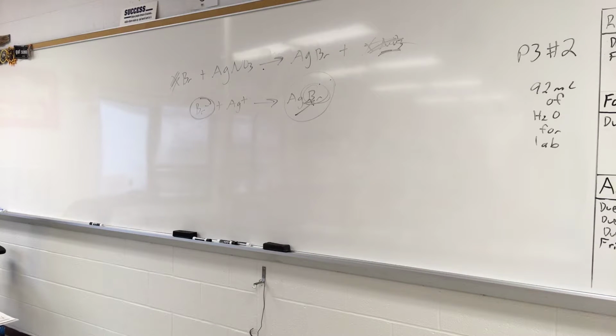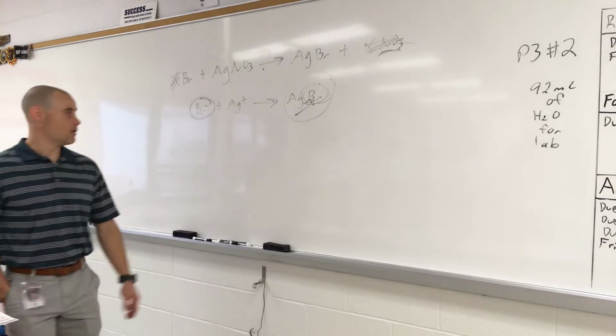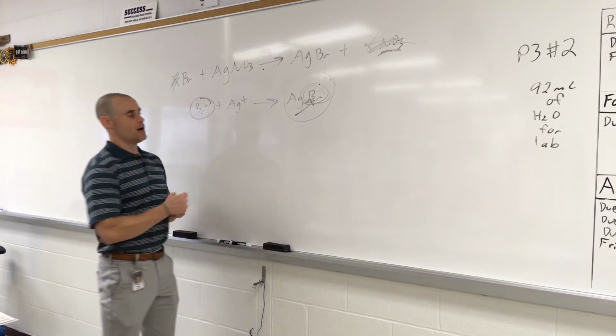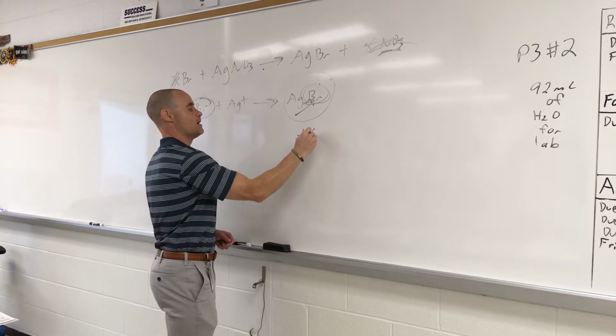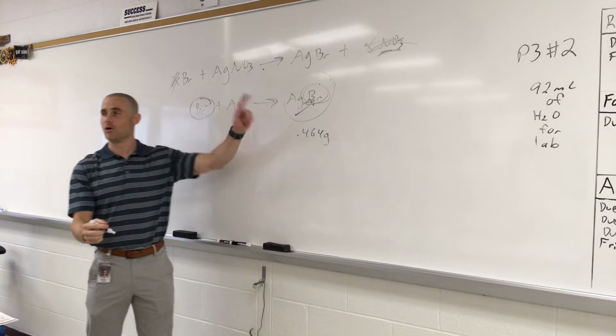Anyone get an answer? 78.8? Yeah, let's go over it, and then we will do the lab. All right, so here's the concept, right? The mass of this is 0.464. So what I'm going to do is turn that to moles.